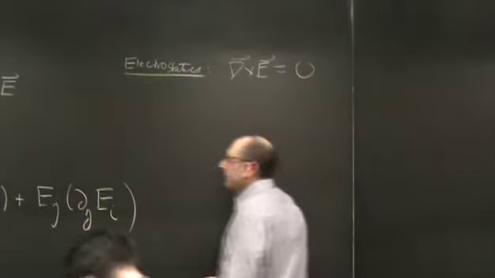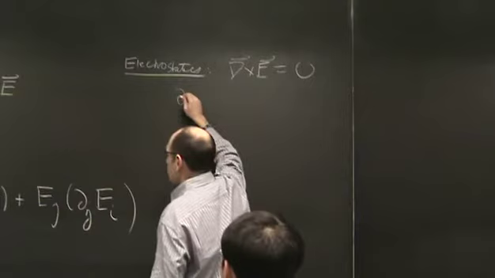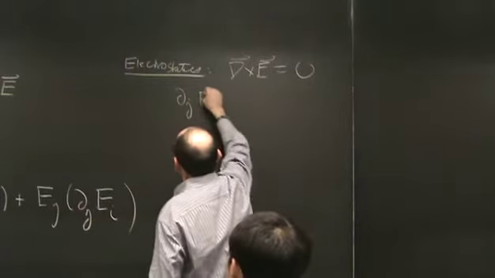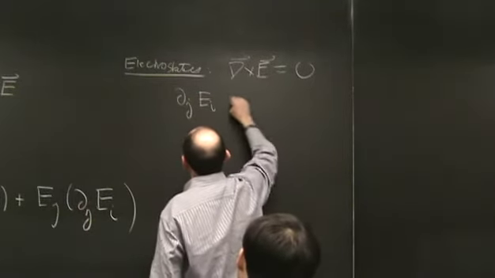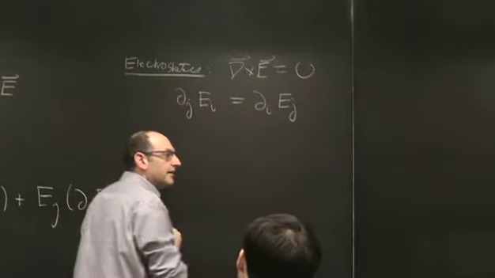So if del cross E equals 0, that says that partial j of E_i is the same thing as partial i of E_j, right?